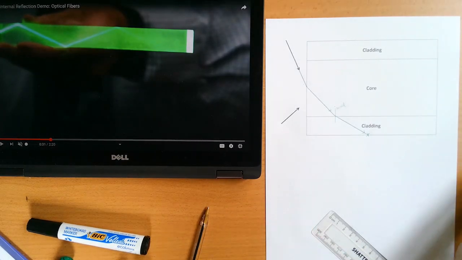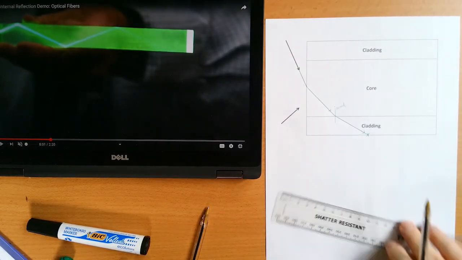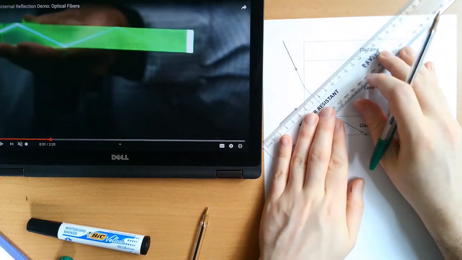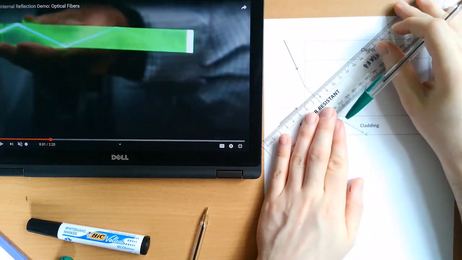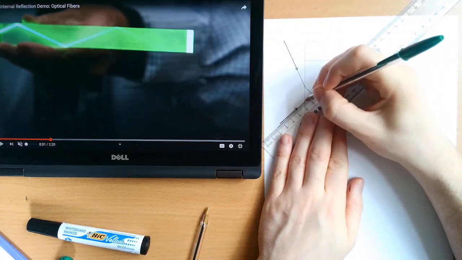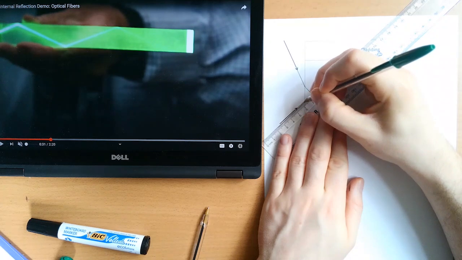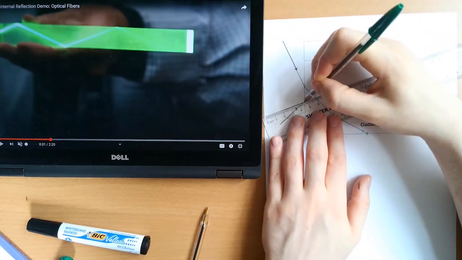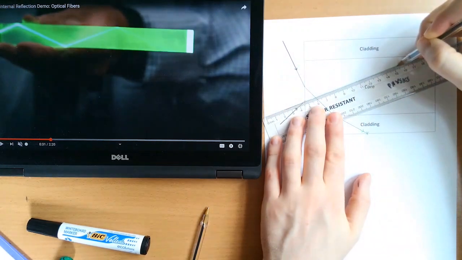So introducing our second light ray, which is at a better angle. Now at this point, this is going to bend towards the normal again. Oops.